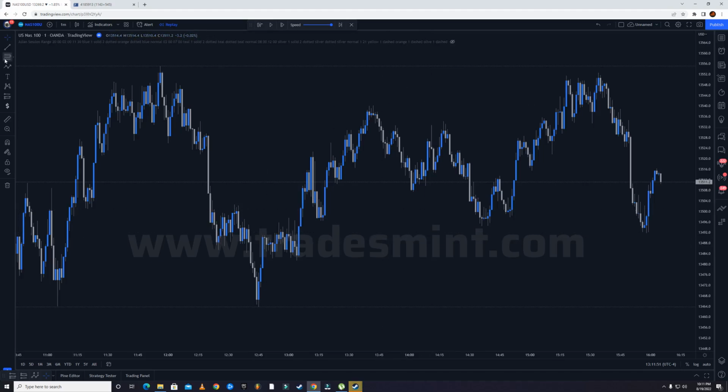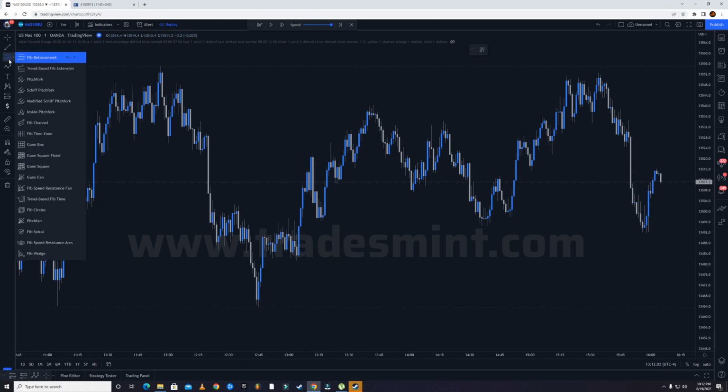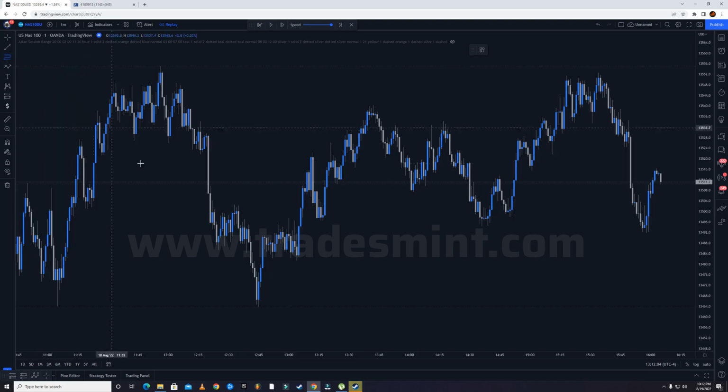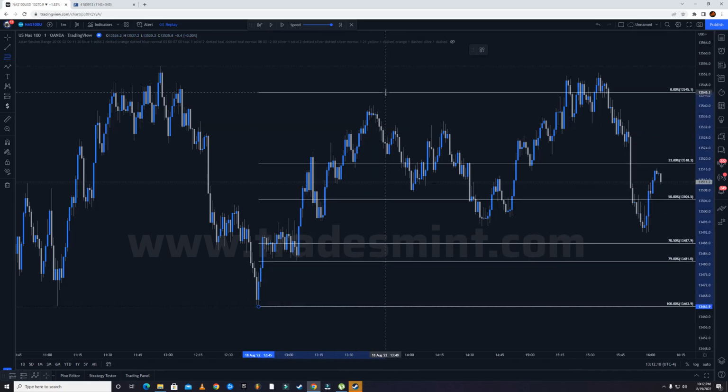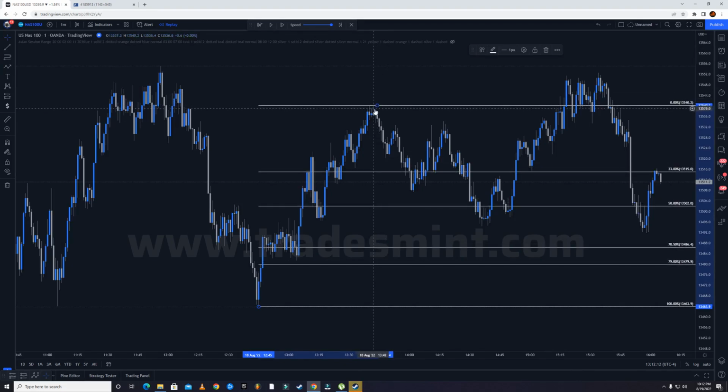So how do we determine a discounted zone? Well, what you want to do is pull out your Fibonacci tool. You go to the settings here, choose Fib retracement. You want to start from the very low of that push to the very top of that push.